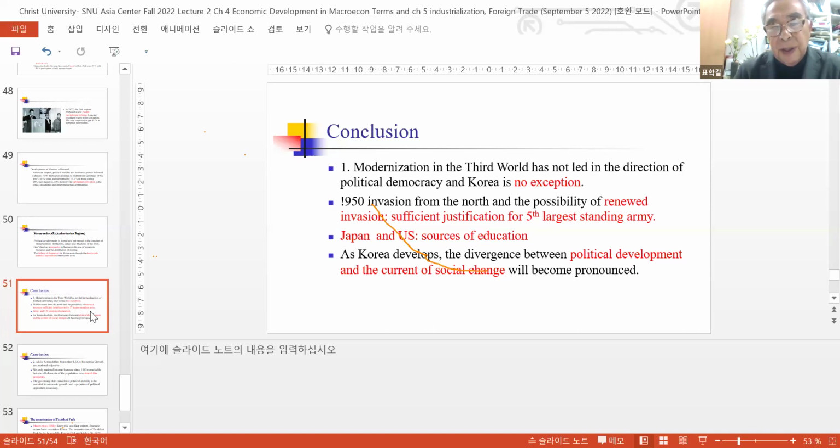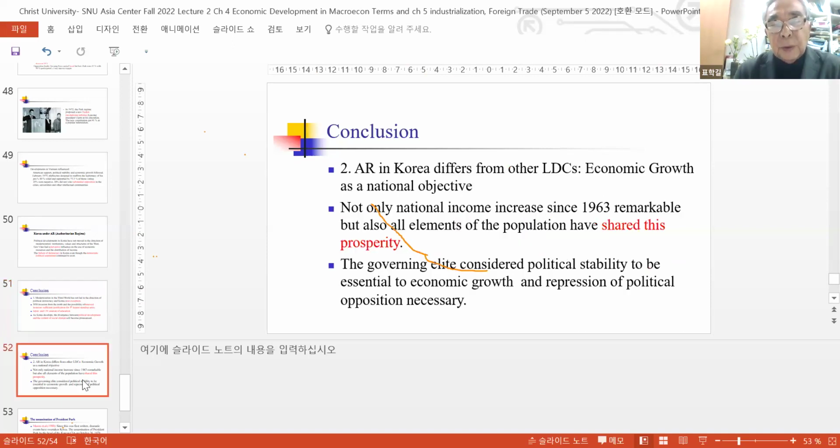So Japan and the United States were sources of education, but as Korea develops, the divergence between political development and the current of social change will become pronounced. The authoritarian regime in Korea differs from other LDCs, less developed countries.